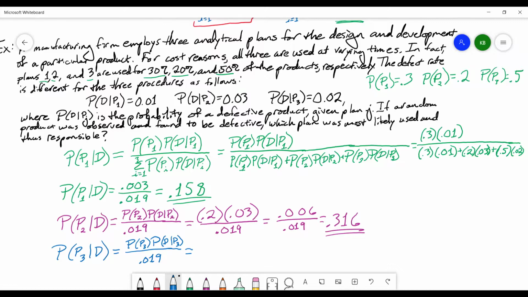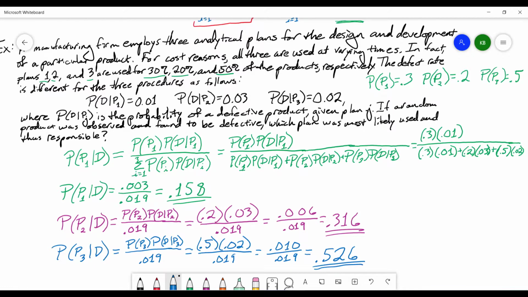So the probability that plan 3 was used was 0.5, and the probability that it was defective given that plan 3 was used was 0.02. And my denominator again stays the same. So when I do this multiplication out, I get 0.010 over 0.019. So this is going to equal 0.526.